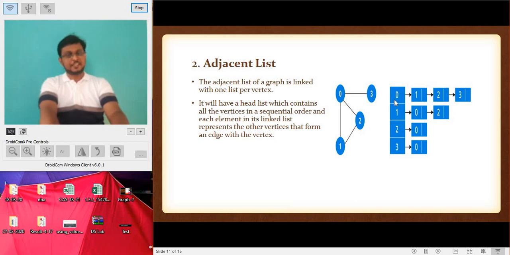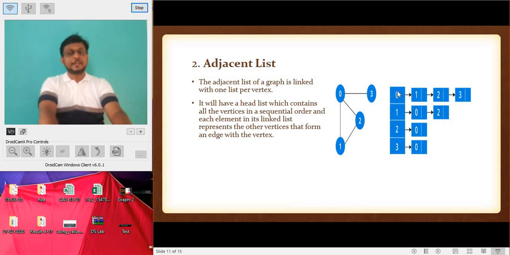Each element of that head list will represent each vertex of the graph. From each node of that linked list, there will be another linked list that represents the nodes which are connected with that particular node.